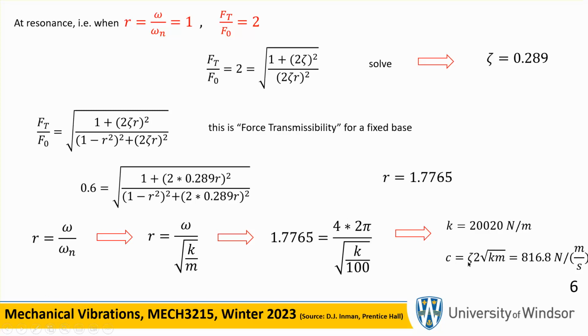And remember, zeta is C over C critical. We found zeta. We just found K. We know M, and you just work it out, and you're going to get your damping constant.